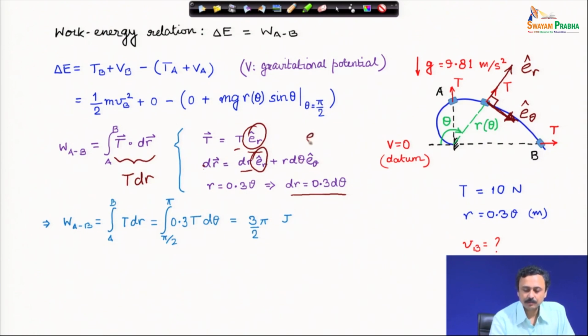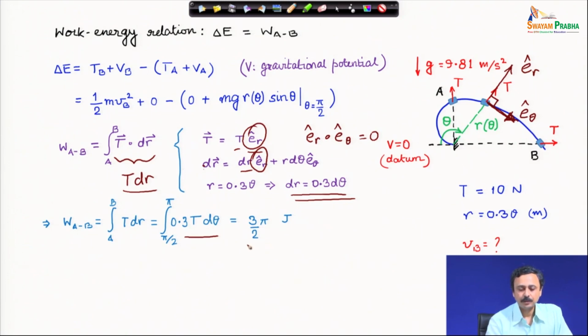ER cap dot E theta cap is 0, they are orthogonal. Therefore, only one term survives, this T dr, and dr is 0.3 d theta, which I have substituted here. By taking this integral, theta starts from A position, which is at pi by 2, to theta equal to pi, when the collar reaches position B.